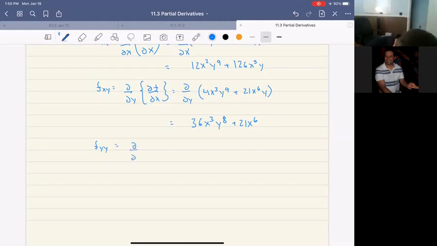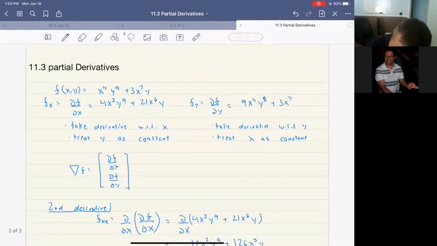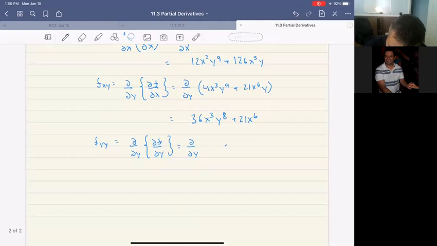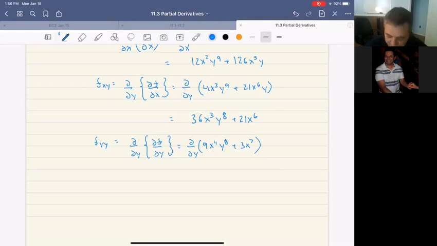Partial with respect to y of the partial of f with respect to y, partial with respect to y of this thing here, okay, so that's going to equal 72 x to the 4th y to the 7th, and then this one doesn't have a y in it, so that one we just got rid of. It's 0. The derivative of that with respect to y is 0.